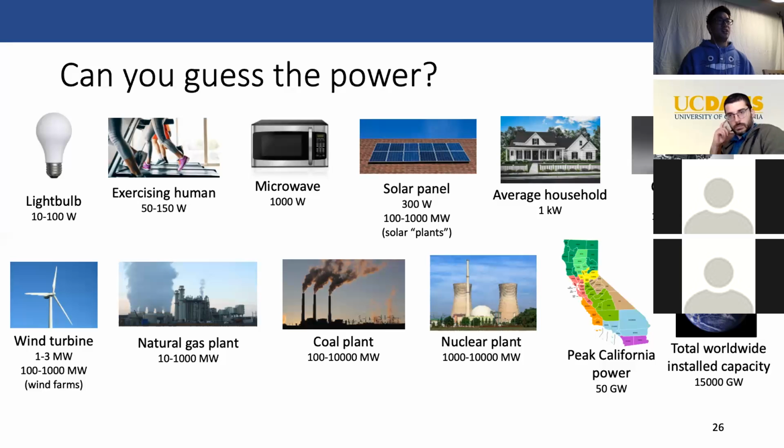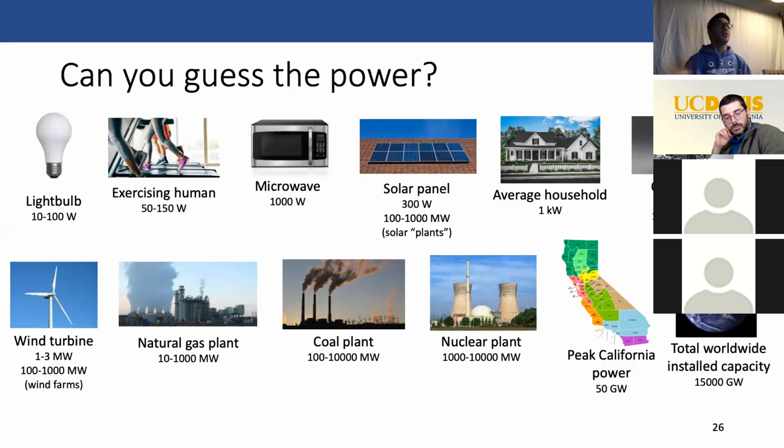And then if you're talking about utility scale solar, those are the big fields of solar panels that you might see out in the wild, those will vary between 100 to even, the really biggest ones are getting to the order of gigawatts, but usually they're going to be more on the smaller end of that 100 to 1,000 megawatts.